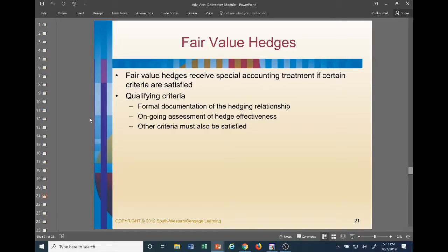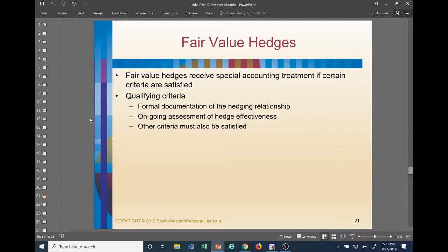So, fair value hedges receive special accounting treatment if certain criteria are satisfied. In order to qualify for special fair value hedge accounting, the derivative hedging instrument and the hedged item must satisfy a number of criteria.